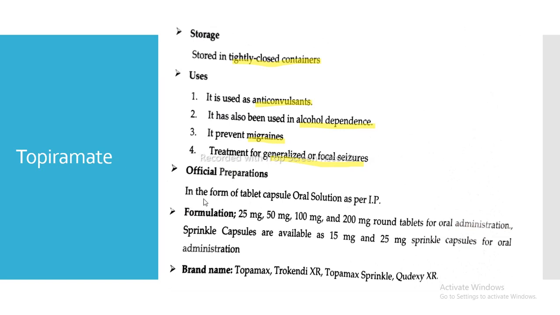Preparation is in the form of tablet, capsule, oral solution as per IP. Formulation is 25 mg, 50 mg, 100 mg, 200 mg round tablet for oral administration. Sprinkle capsules are available as 15 mg, 25 mg sprinkle capsule for oral administration.